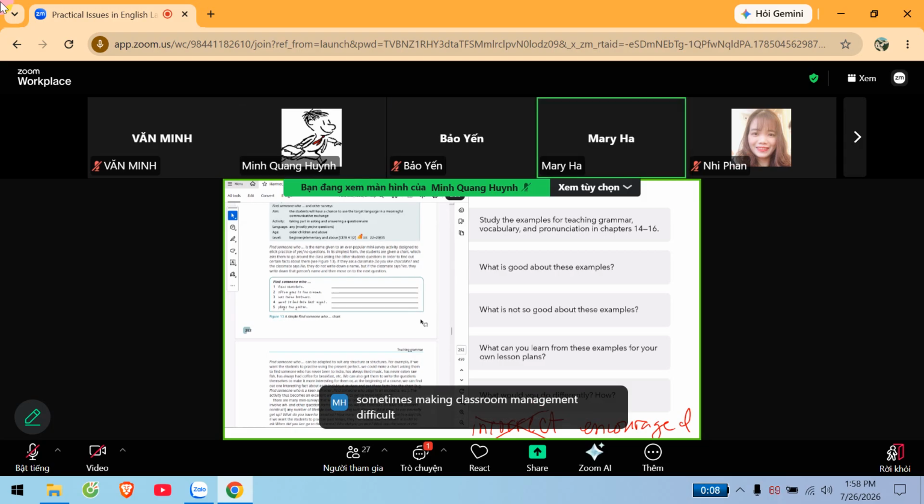Besides that, some lower level students may struggle to formulate follow-up questions, because this example sometimes depends on the teacher. The teacher can ask them some more, so the students can create more questions. With lower level students, it may be difficult to ask questions with a partner.